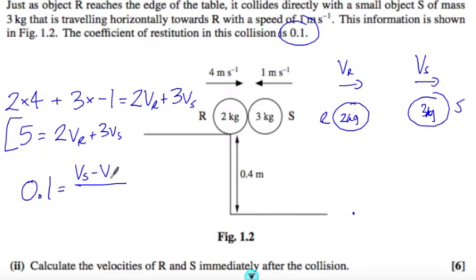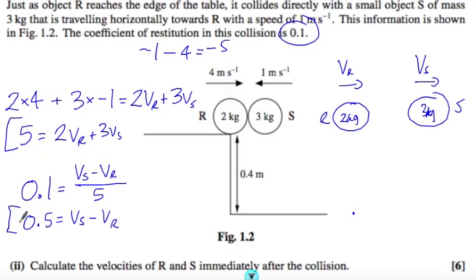You can always do the velocity on the right minus the velocity on the left. They're approaching at speed 5 because it's 1 plus 4. If you're not sure about that, you can think of it as minus 1 minus 4, which is minus 5. So the speed of approach is 5. If we make that look a bit nicer, we know 0.5 equals VS minus VR.